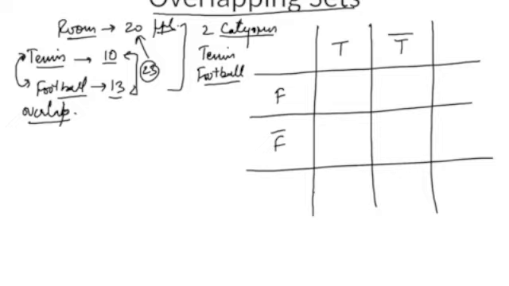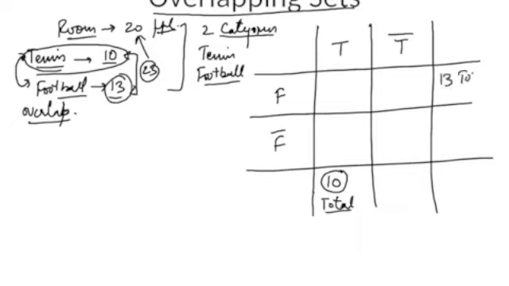So let's see what box means what number. If I say 10 people play tennis, that means this is this number. When I say 10 people play tennis, that means a total of 10 people play tennis. 13 people play football, that means a total of 13 people play football.